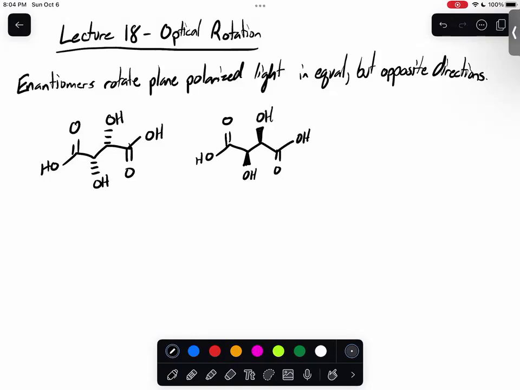And if we wanted to confirm that these were enantiomers, we could, of course, check the stereochemistry of these. You will find that the one here on the left is SS, and the one on the right is RR. So all the stereochemistry is swapped. Therefore, these are enantiomers.